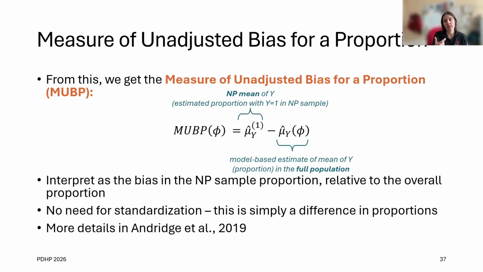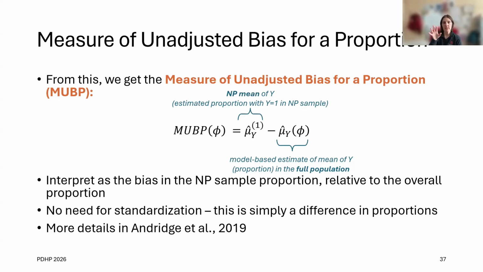The bias here is going to be the bias in your estimated proportion relative to what the model predicts is true in the population. And again, as to the earlier question, this is all about the unweighted estimate. That mu hat y shown there, the first one, the non-probability sample mean, that's just the raw average y bar in your sample.